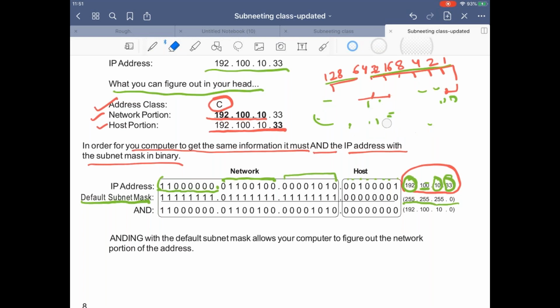For 255, what will be the value? For 255, all will be 1. Correct. So all will be 1 here. This is the default subnet mask.